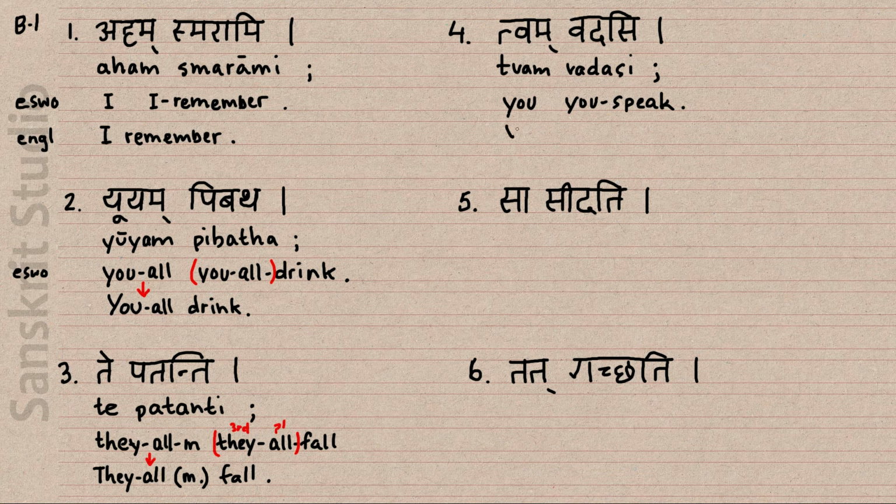And we end up with you speak. And we do have twam up here, so we do have an explicit pronoun, so therefore no bracketing of you down on the English line. So you speak.